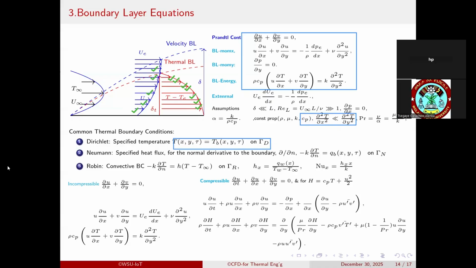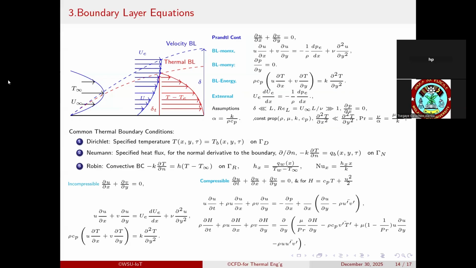You can specify wall temperature using Dirichlet. Flux can be specified with the Neumann method. And the third kind is the convective boundary by Robin.